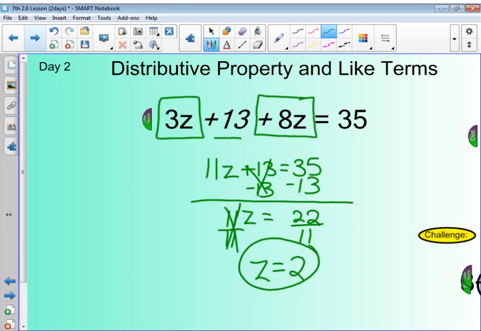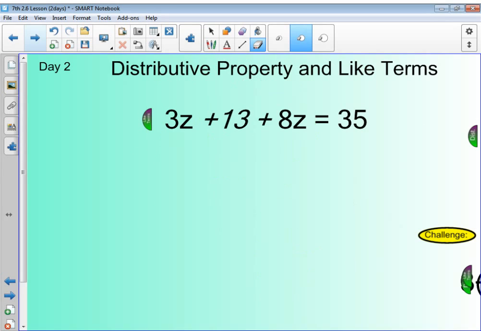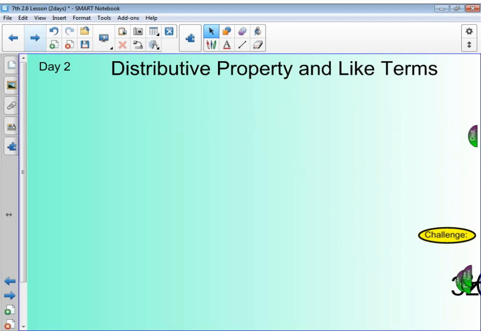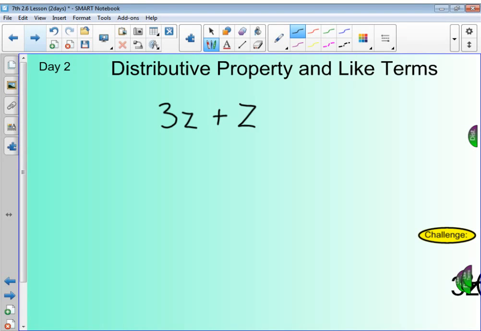Okay, so sometimes you'll end up with where it's not all the same terms. So here was an example where we had some z's and some constant or standard numbers. Okay, so I'm going to write one up and have you guys try it. So let's try this one independently. Oops, I'll make that a 7z.